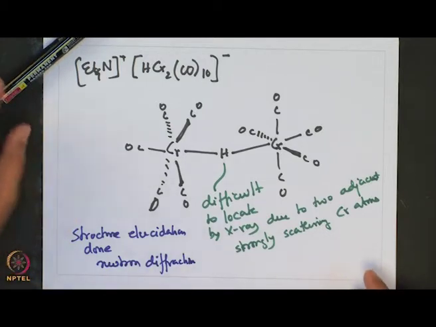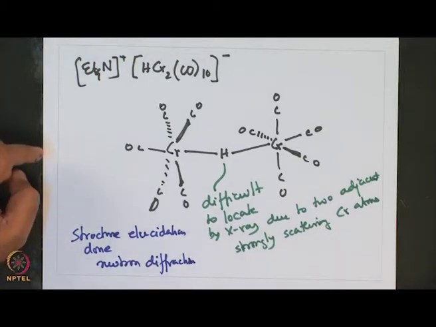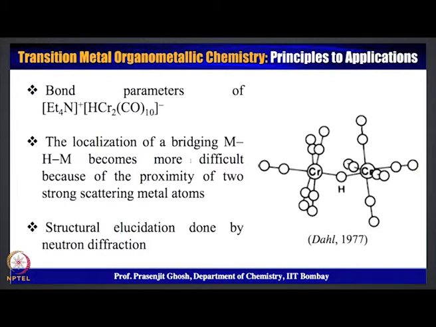So, as far as locating this hydrogen atom, neutron diffraction is more efficient and effective than the X-ray diffraction techniques.